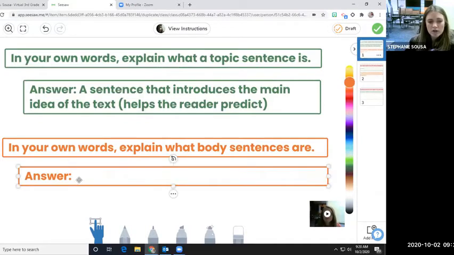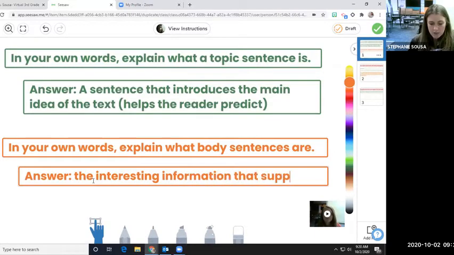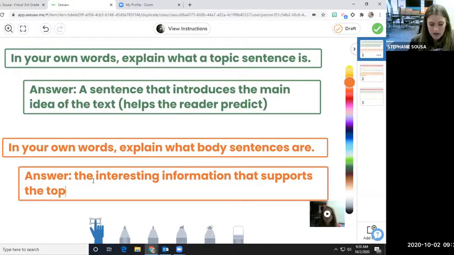In your own words, explain what body sentences are. I've heard you guys use words like flavor. I've heard you use words like interesting. I've heard you use words like good stuff. So go ahead in your own words and explain what body sentences are. So I'm going to say body sentences are the interesting information that supports the topic sentence subject.